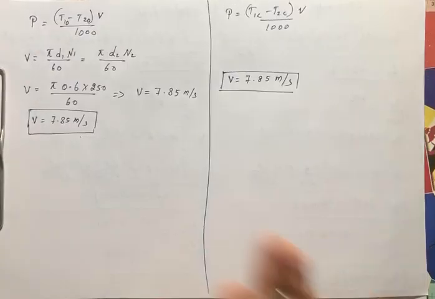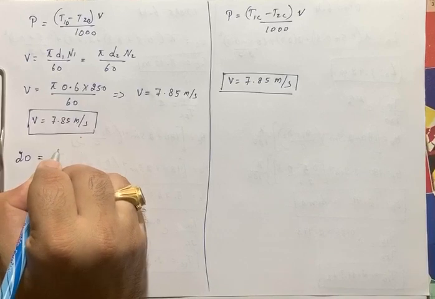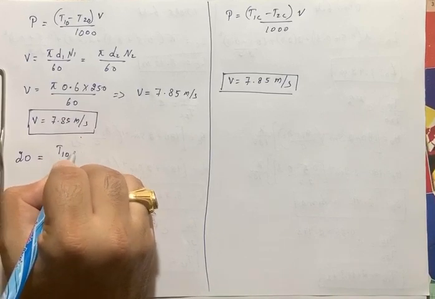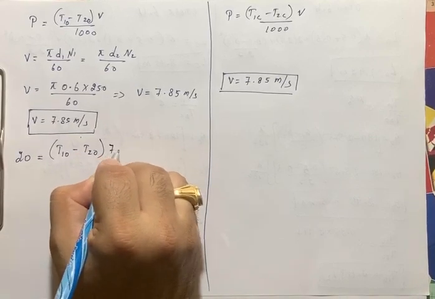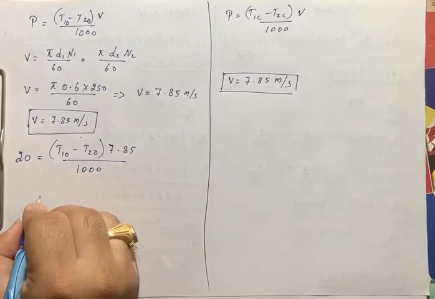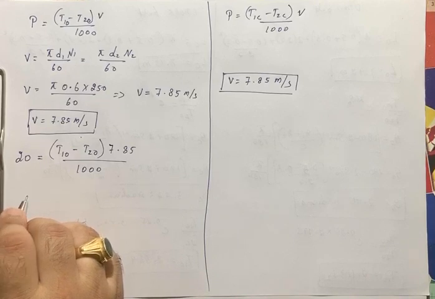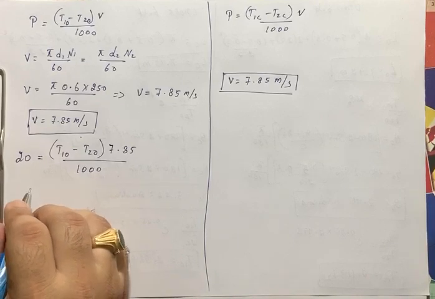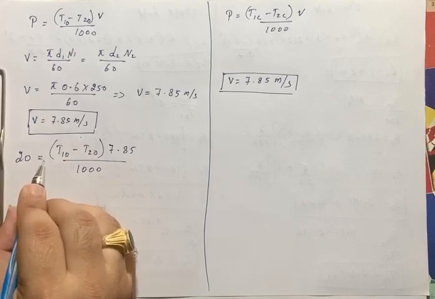Before going to that, I have the power formula, that is 20 kilowatt is equal to (T1O minus T2O) into V, which is 7.85, divided by 1000. So, write any one in terms of the other. After calculating this, multiply 20 into 1000 there, or else I can substitute directly in this formula we have obtained here.